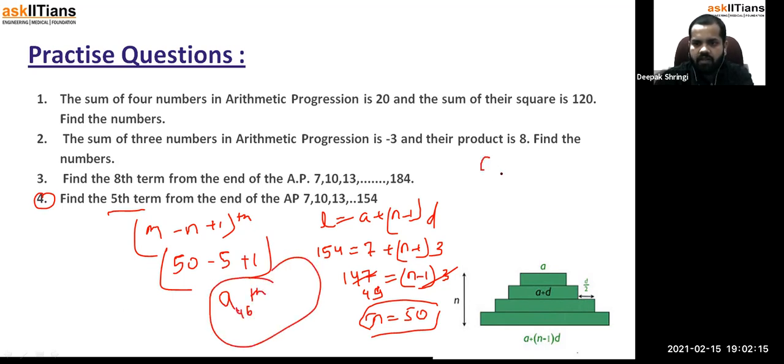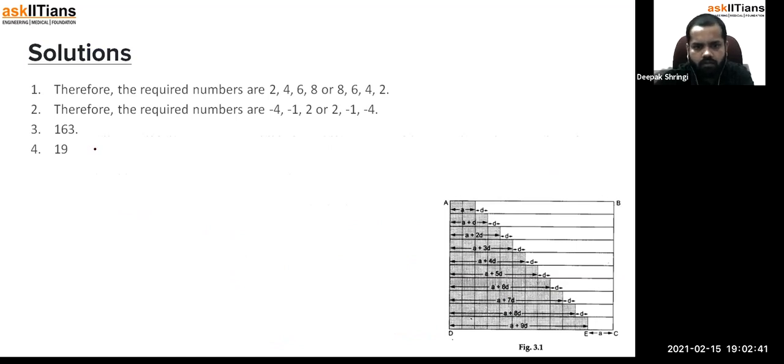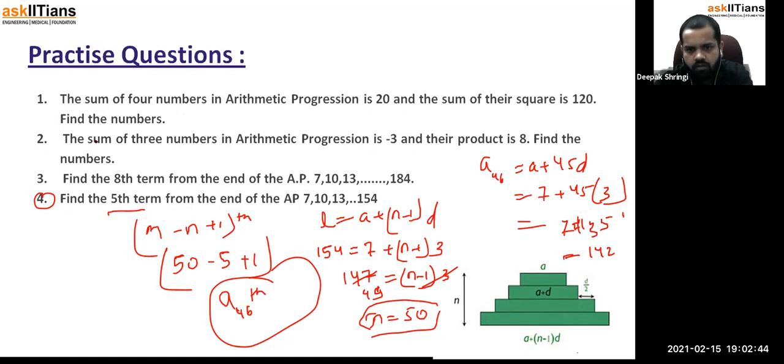So what is a46? A46 will be a plus 45d. The value of a is 7 plus 45 multiplied by d, which is 3. 135 plus 7 will be your 142. Right guys? I think so, a46 will be your 142, right?